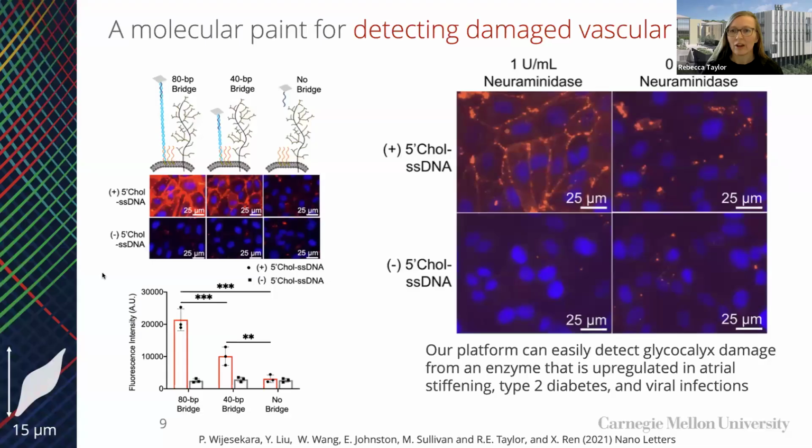So you can use trypsin, you can also use neuraminidase, and basically degrade the glycocalyx or remove charge from it. And what we could do is show that the degradation of the glycocalyx results in enhancement of the attachment, right? Whereas previously you needed a bridge to get there. Only the damaged stuff can do it without a bridge.